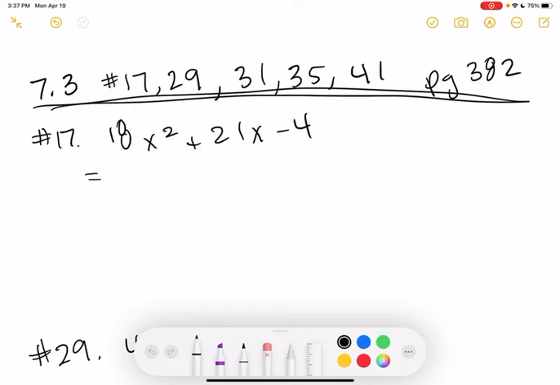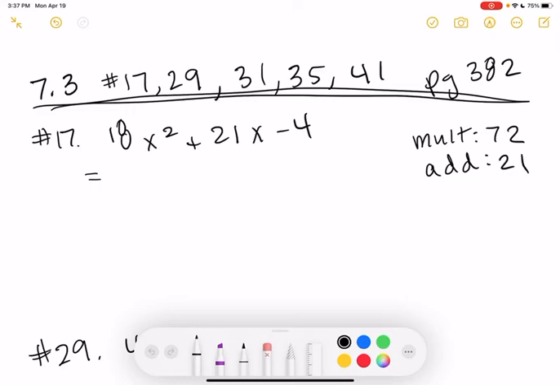So if I'm gonna fix that little 1 right there. We want 2 numbers. Wow, this is gonna be interesting, huh? 18 times 4. Wow, I get 72. Two numbers that multiply to 72, but add to 21.